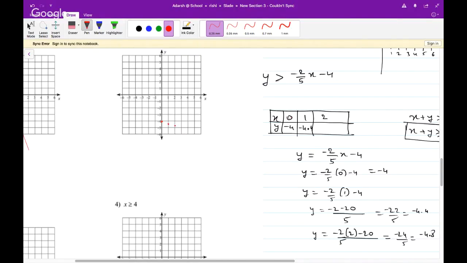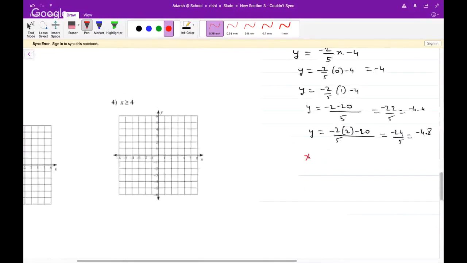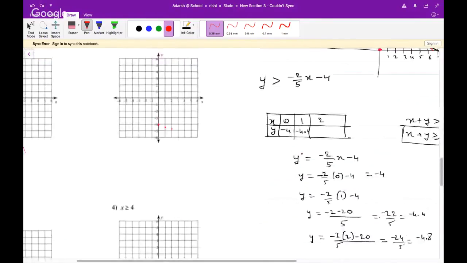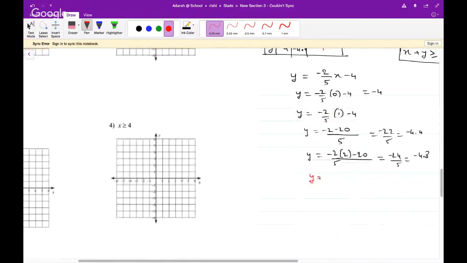Okay, so we may take a couple of more values to be satisfactory. Let's take x equal to minus 1. Minus 2 by 5 into minus 1 minus 4.